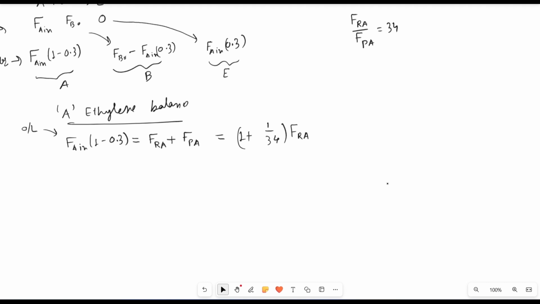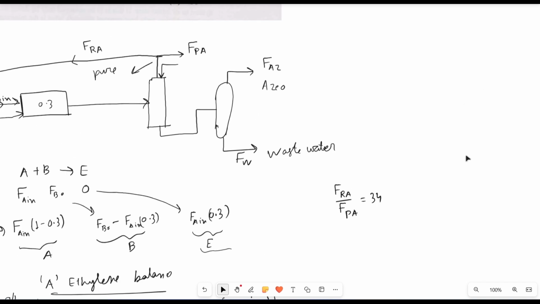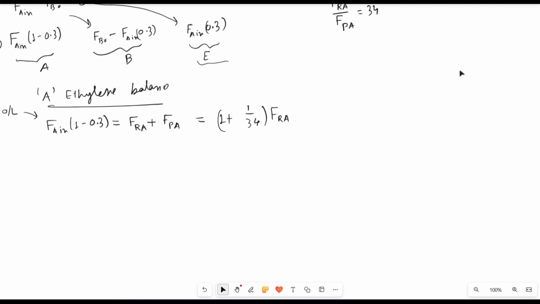Also, ethanol is separated from here. So if we do the ethanol balance, then we will have the expression FA in times 0.3.